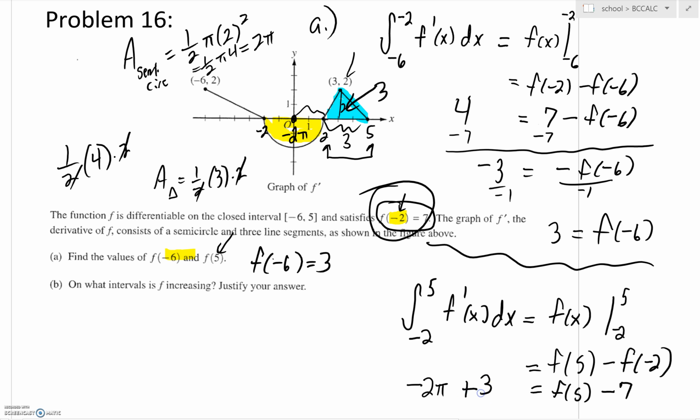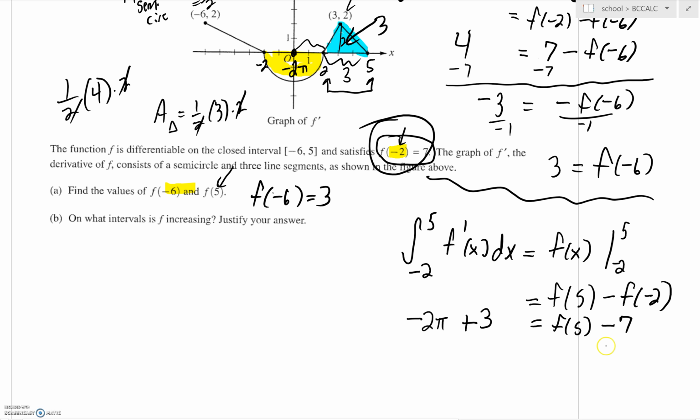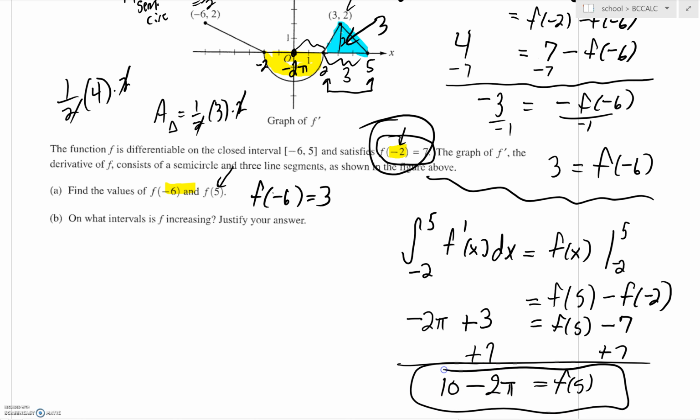So we've got negative 2 pi plus a 3. And then you can add a 7 as you're solving. And you could have f of 5. Well, 3 plus 7 is a 10. And I can write that as 10 minus 2 pi. So that's what f of 5 is all about. 10 minus 2 pi, or negative 2 pi plus 10.